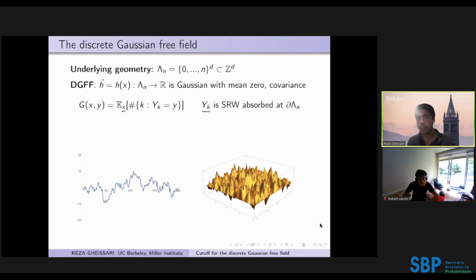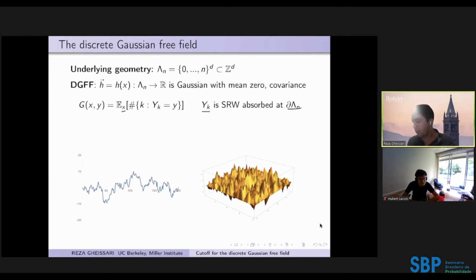So the covariance between the height at x and the height at y is the number of visits from the random walk started at x to the site y before hitting the boundary, partial Lambda_n. Once we hit the boundary, we stay at the boundary forever. We're frozen there and we don't move anymore.